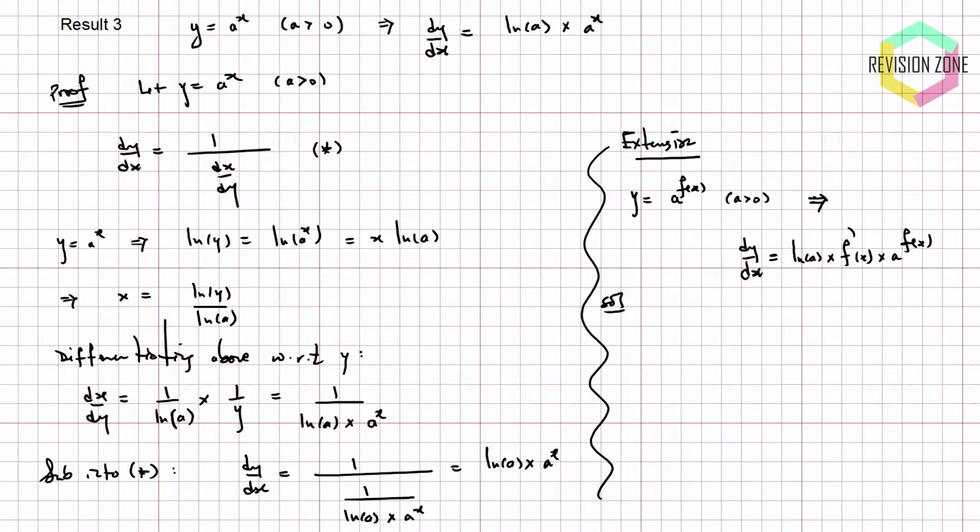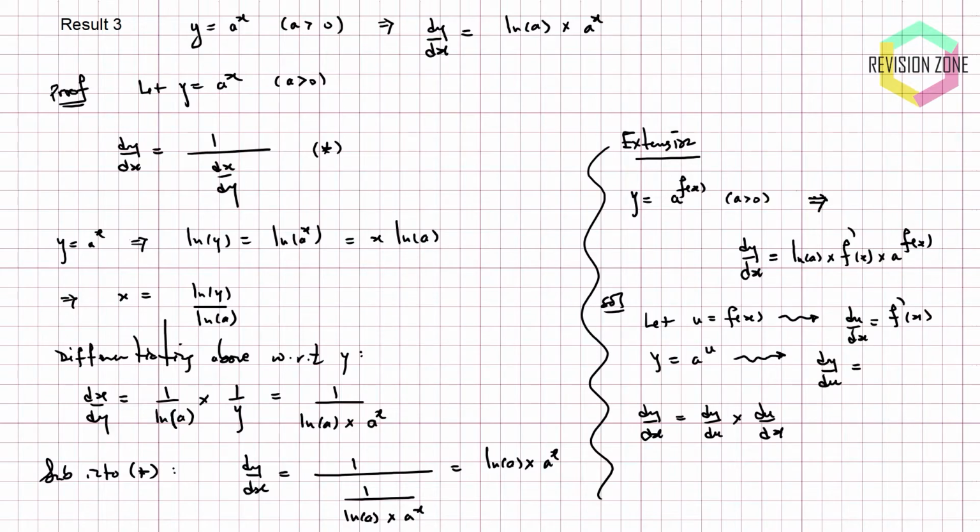So in this case, I will say let u equals f of x, and we see our statement goes from being y equals a to the f of x to being a to the u. And now I can use the chain rule to say dy by dx is equal to dy by du times du by dx, and we know that from u equals f of x that our du by dx is just f prime of x, and we also know from the work on the left hand side that dy by du, because our y is a to the u, is just going to be log a times a to the u.